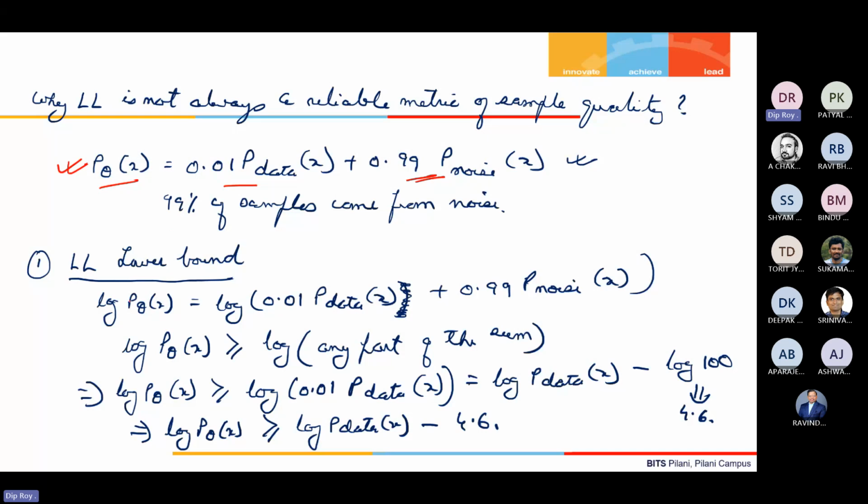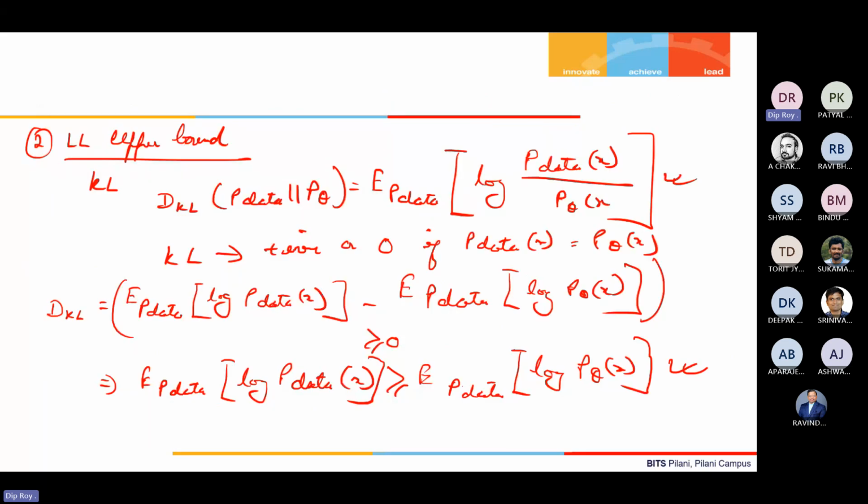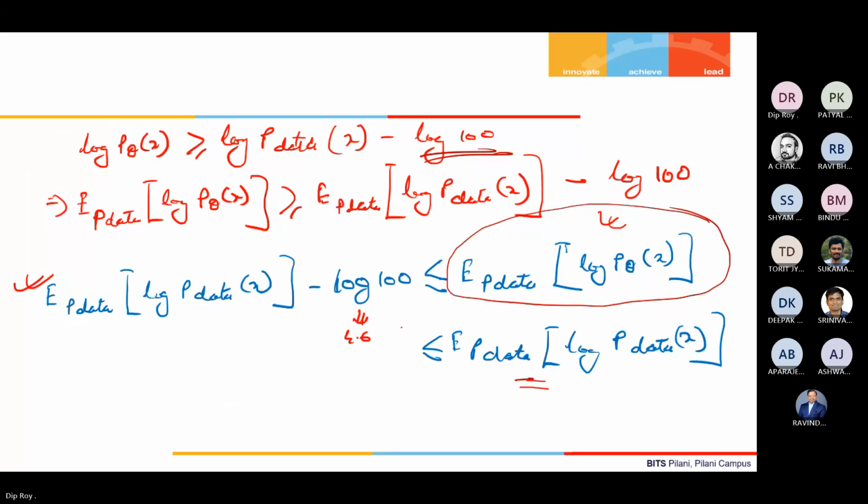Now, when we did this derivation, we found that even with 99% noise, my model distribution at max is going to be 4.6 units worse than the true data distribution.